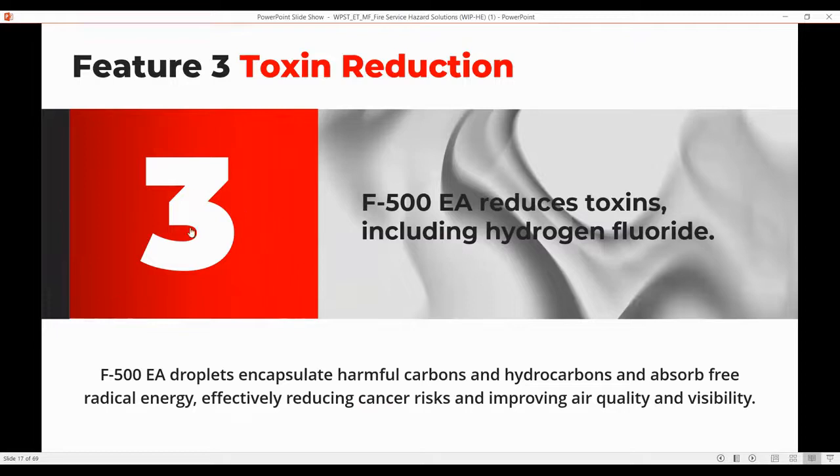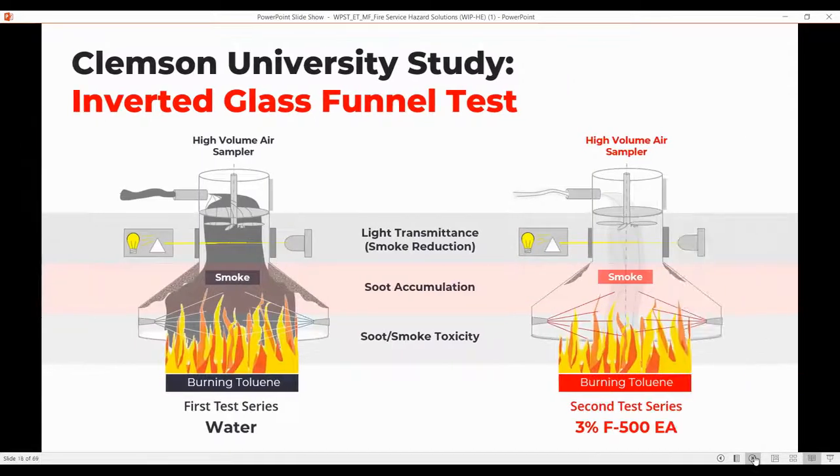That next unique feature, as I was saying, that toxin reduction, that's happening because of both the molecular weight and the cooling capability of the F500 actually helps interrupt vapor phase combustion.